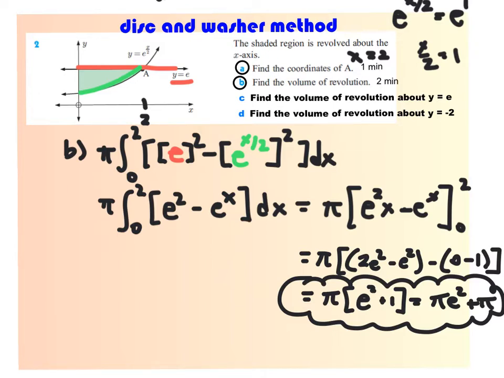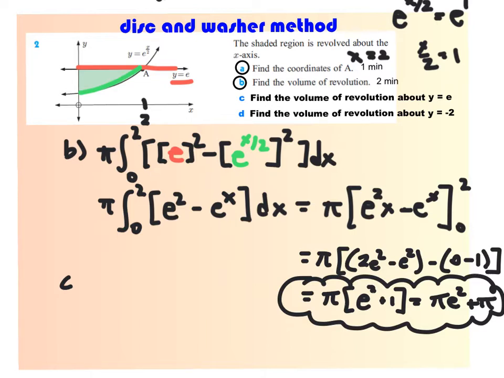Okay, part C, volume of revolution around the line y equals e. Now this is not going to be a washer. This is actually going to be a disk. So imagine you get this solid by revolving the green function around that red line.